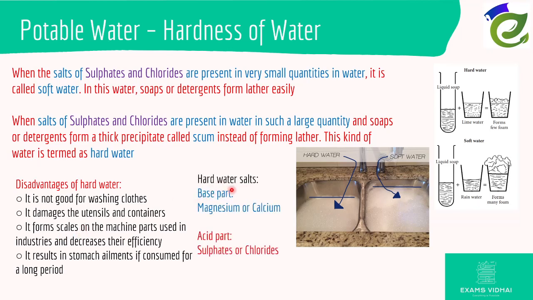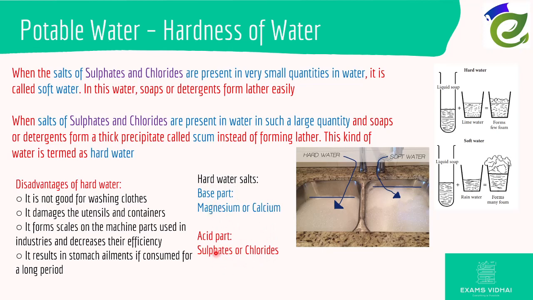So the hard water salts: if they ask which chemicals are responsible for hard water, it will be either of these two answers. Both of them are right, but for now remember these four names. If any of these four names comes up, that's the right answer for the reason for water being hard. So magnesium and calcium are responsible for hard water, along with sulfates and chlorides.